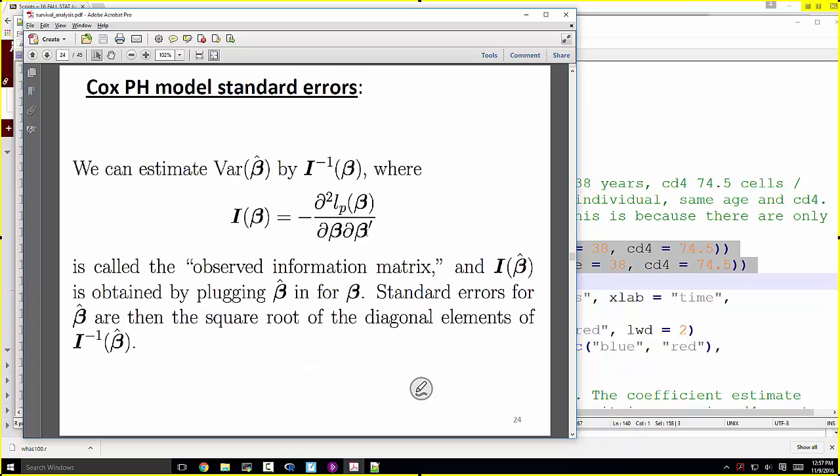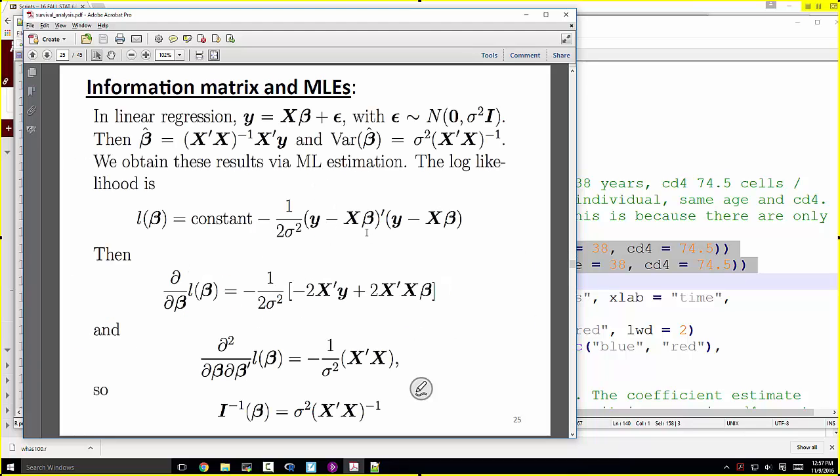If you have seen the idea of the information matrix, Fisher's information matrix, if you're familiar with its role in maximum likelihood estimation, it shows up here. And then I just worked out, if you've never seen that before, when we wrote regression models as a y equals x beta kind of representation earlier on in the course, we ended up saying a few things.